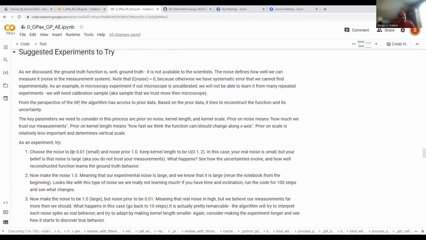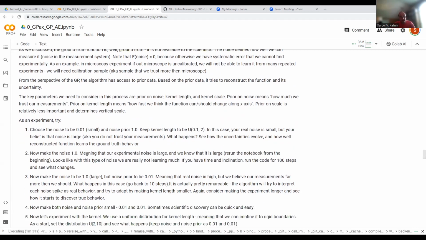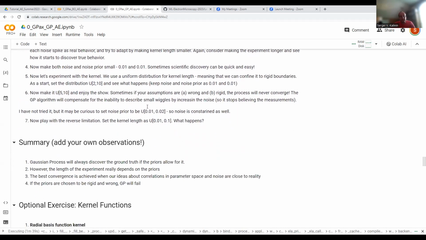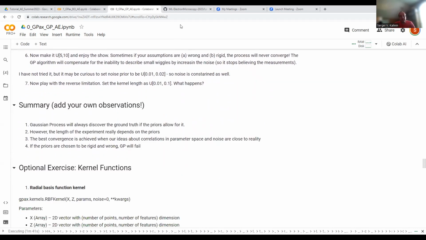Play with the different balance between the noise and noise prior. The noise is what the actual measurement noise is. Prior is how much we believe it. So see what happens. Change it to 1. Basically follow this set of experiments, because it will guide you through the process of the Gaussian processing and help development of the algorithm.